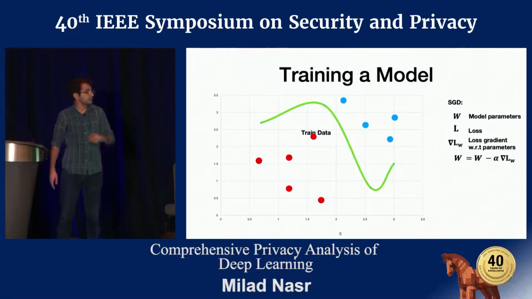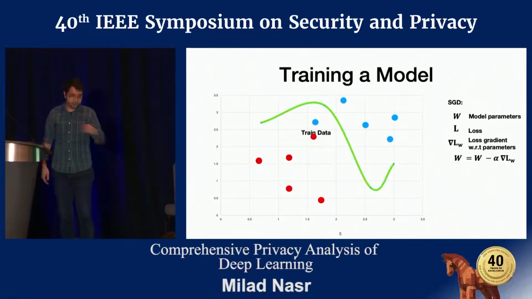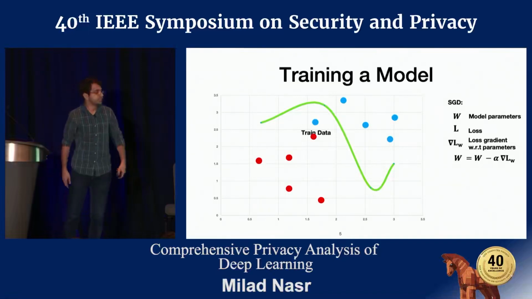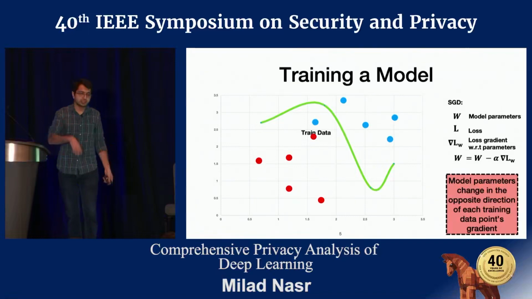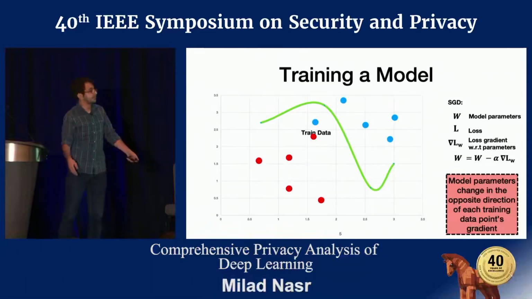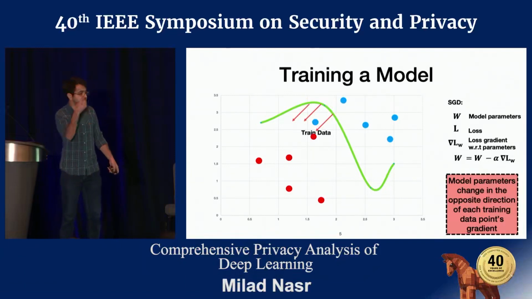Let's assume we are going to the next step of the SGD algorithm. You take the next training batch, you add the data point, and you again compute the gradient. The main idea of SGD is that you always change your model parameters in the opposite direction of the gradient. So your decision boundary will change to make the correct classification for this new data point.